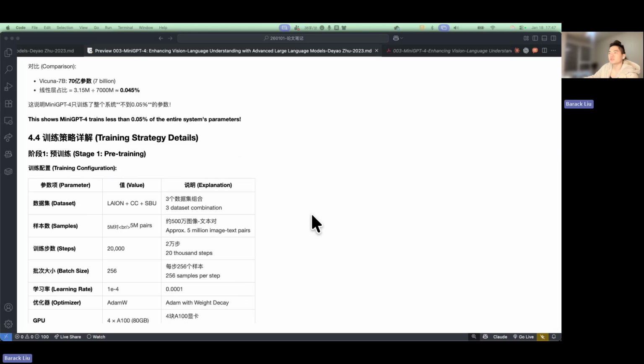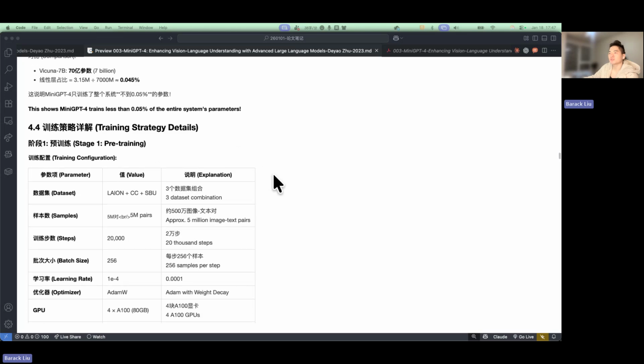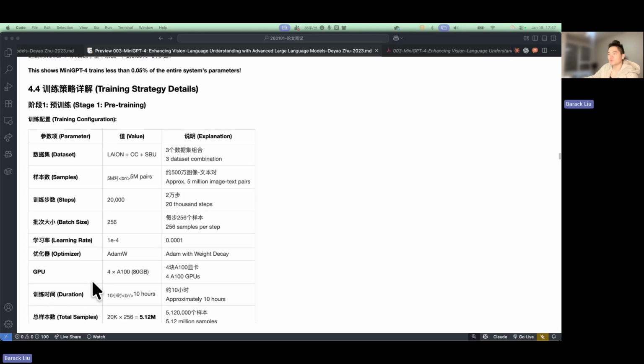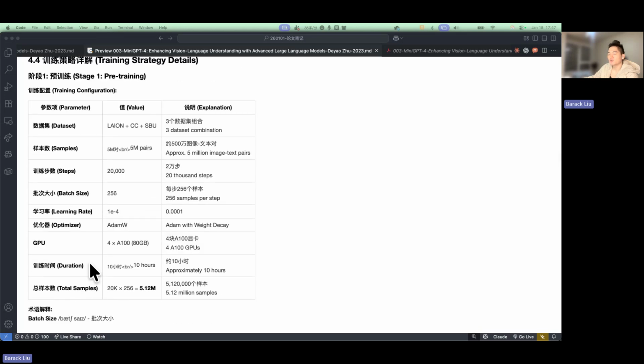Training strategy details. Stage 1, pre-training. Dataset, samples, steps, batch size, learning rate. What's learning rate? Optimizer, GPU, duration, total samples.